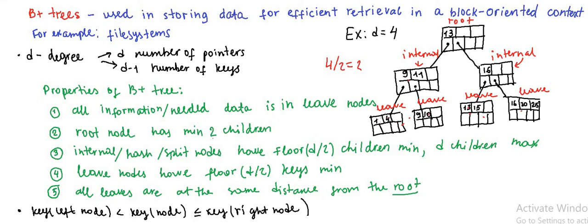So here, for example, 1 and 4 are both less than 9. However, in the right child, we can see 9 one more time, and this actually applies to the rule that it can be equal or greater than the root node.